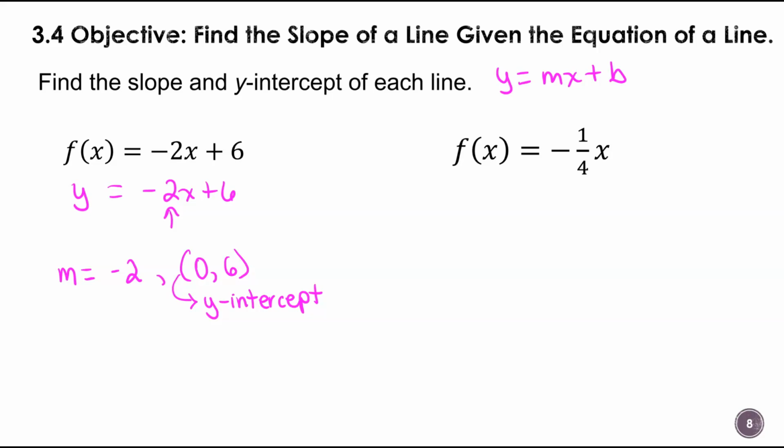On the next equation, that's the same as y equals negative 1/4 x. So my slope is negative 1/4. And notice I don't have anything written out here because we don't write zeros in equations. But we could write it out just to think about it that way, but we wouldn't leave it there, so we'd take it back out.